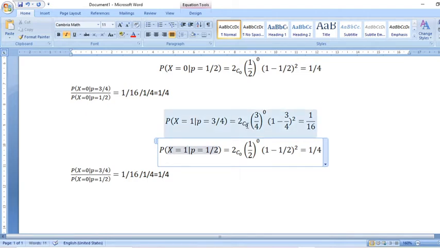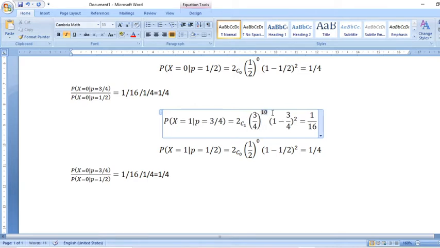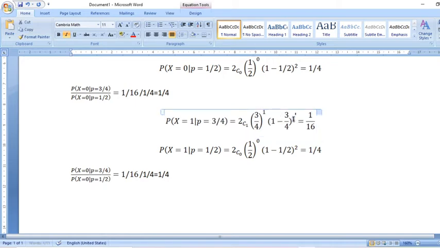It will be 2 into 1 by 4 into 3 by 4. So that is 2 into 3 by 16.